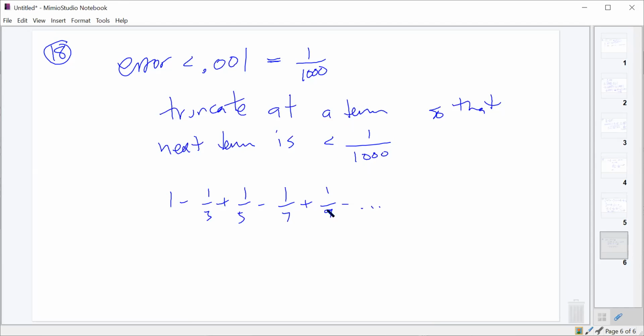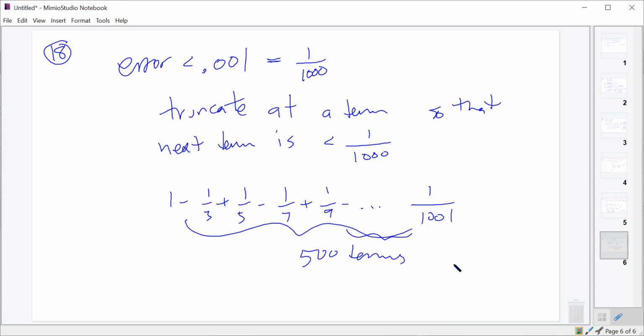We'll need the term that is 1 over 1,001, right? And if we're only going up by 2 each time, it's going to take about 500 terms to get to having this value be less than 1 over 1,000.